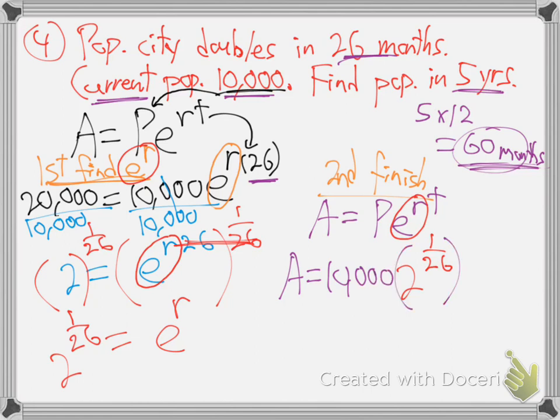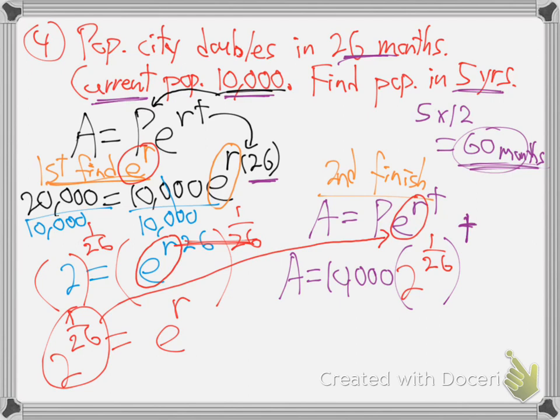Then e to the r to the t. Does that make sense? Everybody tracking with me? I put in the e to the r right there, 2 to the 1 over 26.